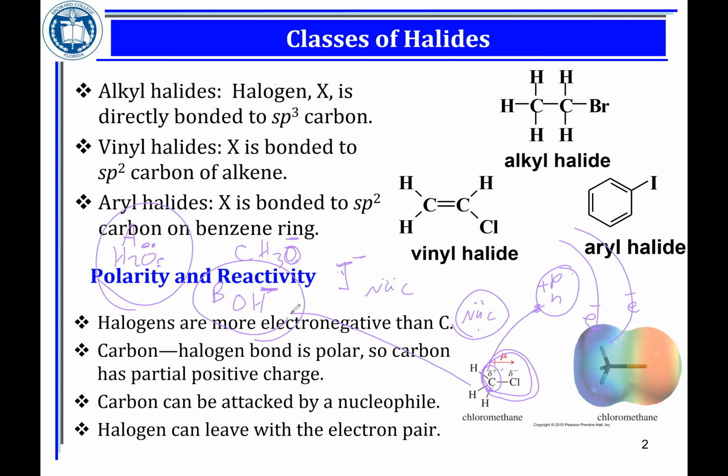So if you had the choice of bringing hydroxide or water to attack the carbon with the positive charge, which of these would attack faster, more forcefully, or has a higher tendency to attack? One more time, is it going to be A or B?